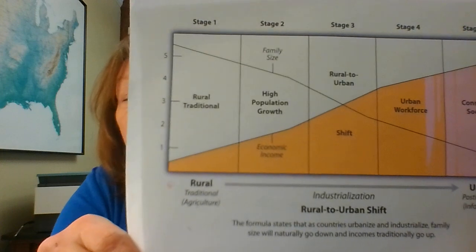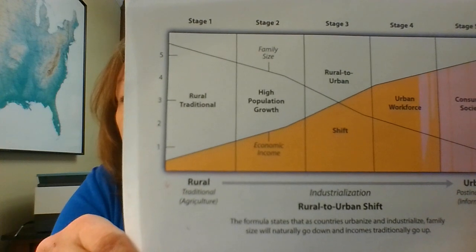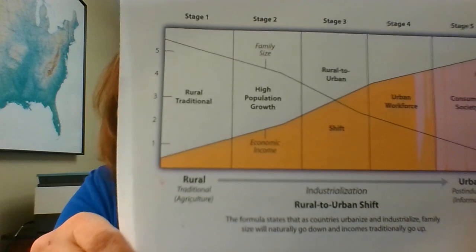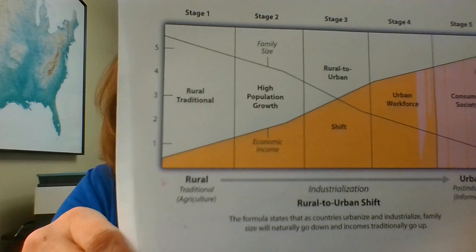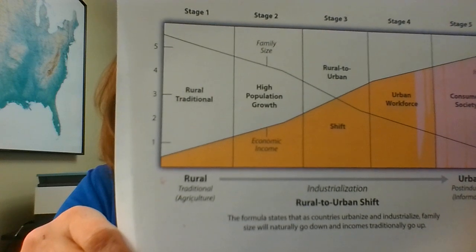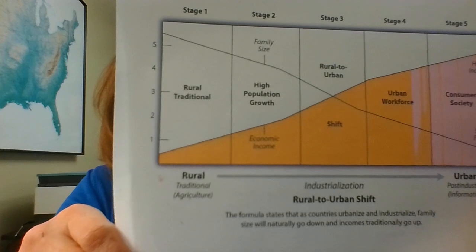We get to stage three, and we see this is the rural to urban shift that we call happening. The family size is continuing to go down and income is going up.